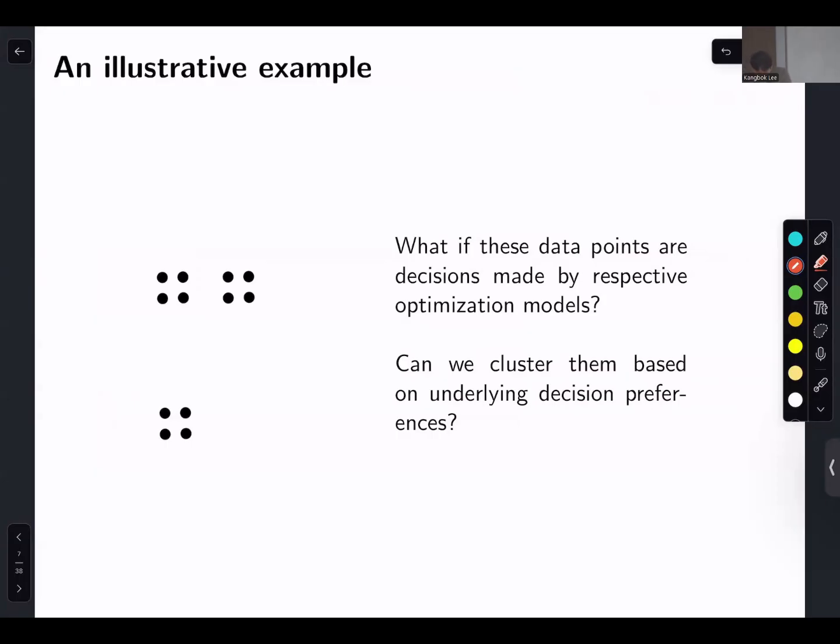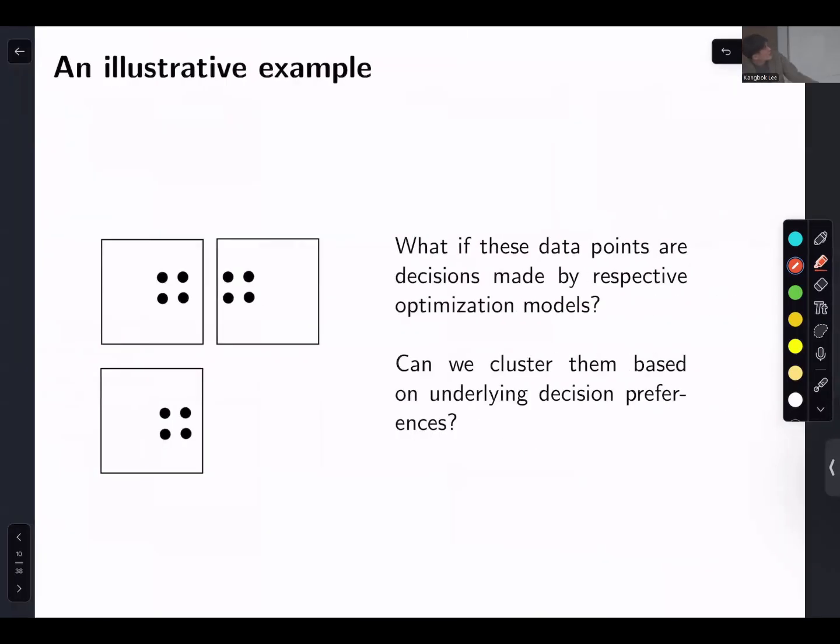That's the question. Now, what if the first 4 data points are actually made by solving an optimization problem based off of that feasible region, the square feasible region? And the next 4 data points are actually based off of that feasible region. And the last 4 data points are actually based off of that feasible region. Now, if I ask you, hey, can you cluster these 12 data points into 2 clusters based on underlying decision-making preferences?